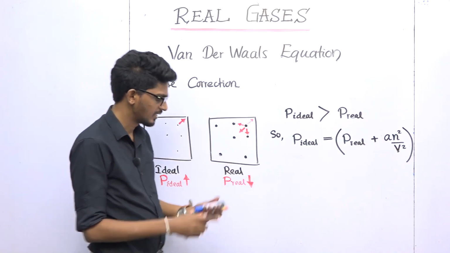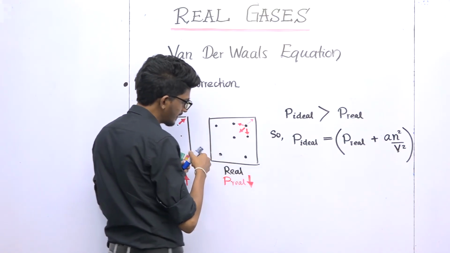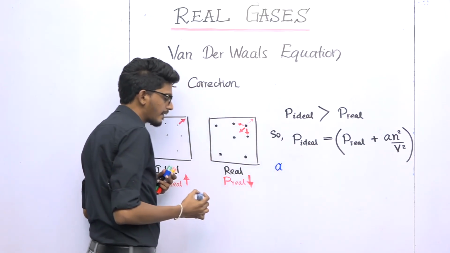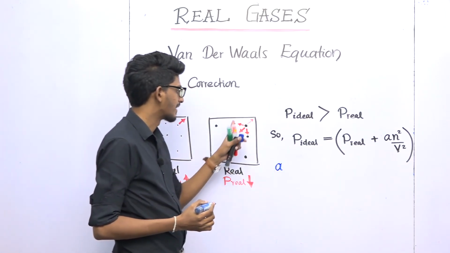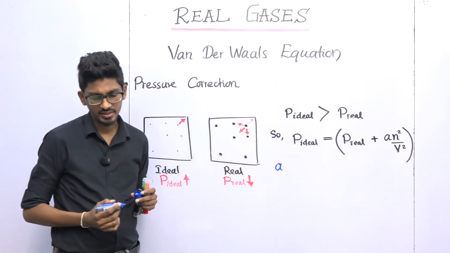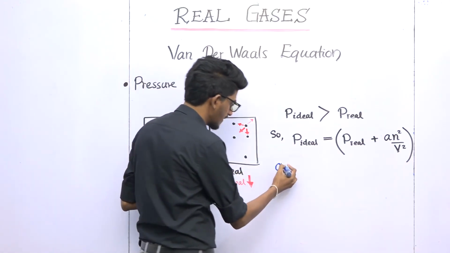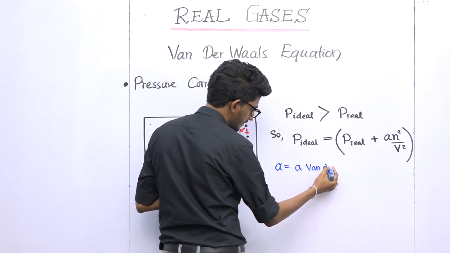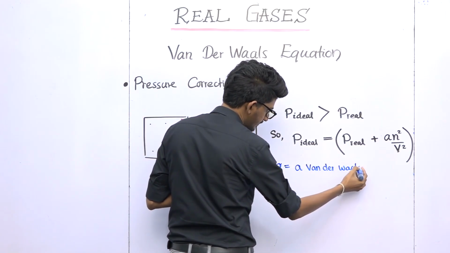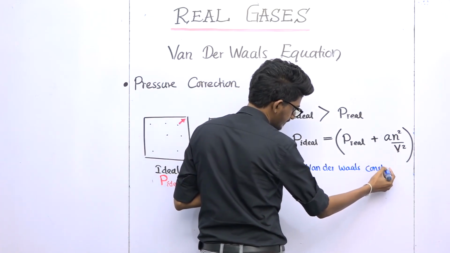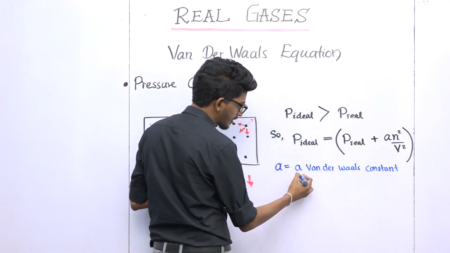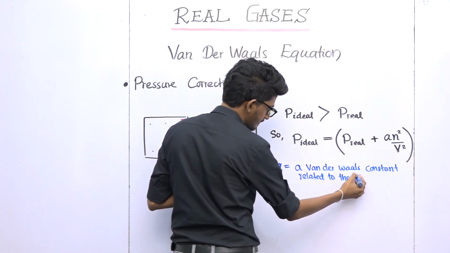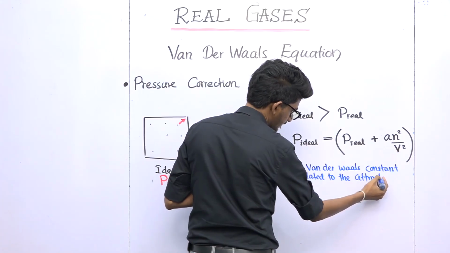And A, what does this A mean? This A is a van der Waals constant which is related to the attractive forces. Right? A is a van der Waals constant related to the attractive forces.